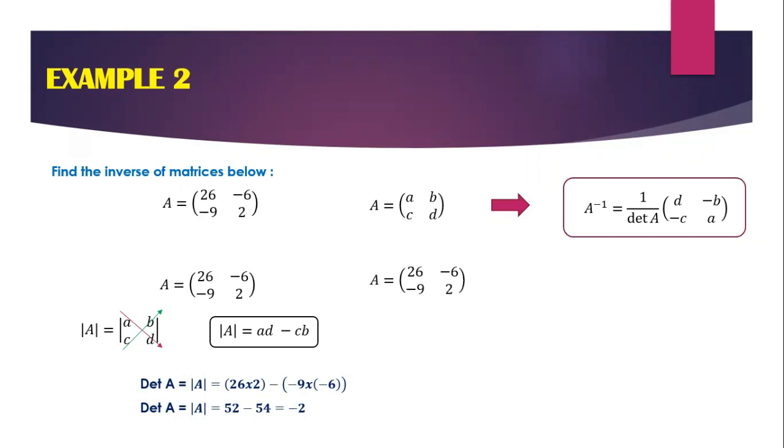So for matrix A, we find the inverse of matrix A is 1 over minus 2, open matrix, 26, 6, 9, 2.